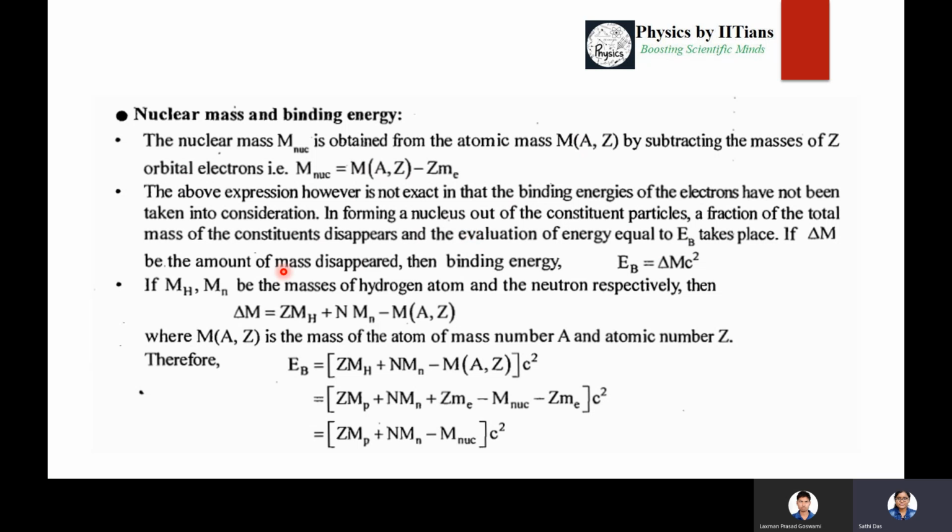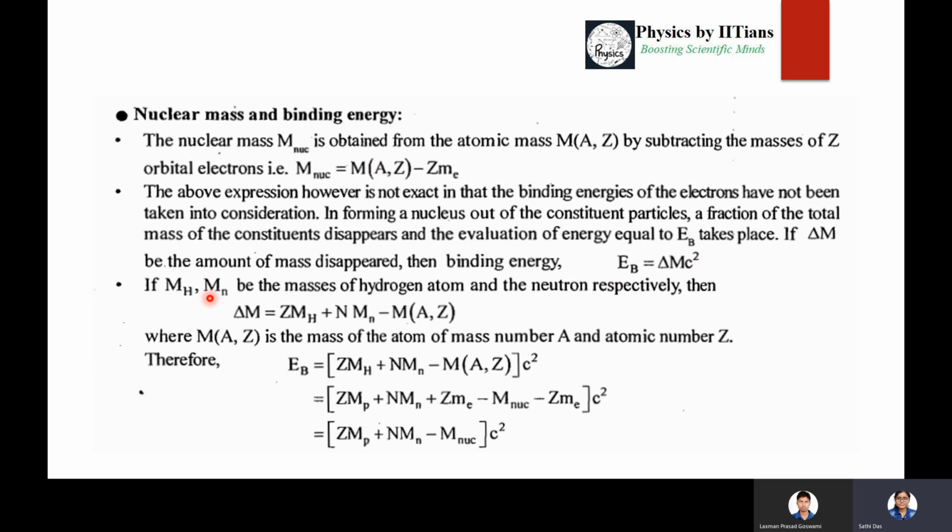So delta M is the amount of mass which disappears due to the forming of this binding energy. This binding energy EB can be written as delta M into C square.